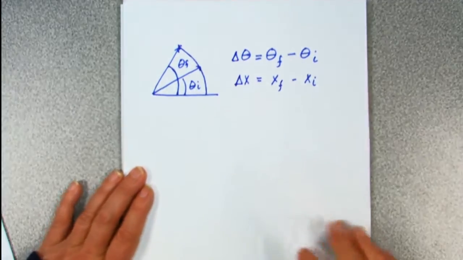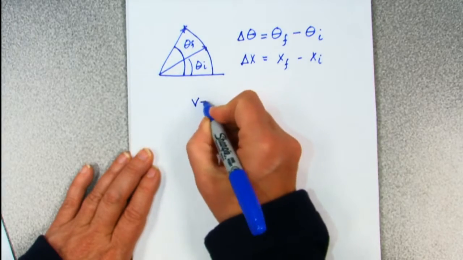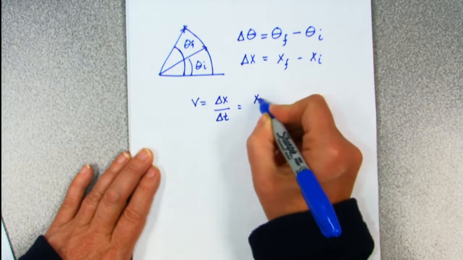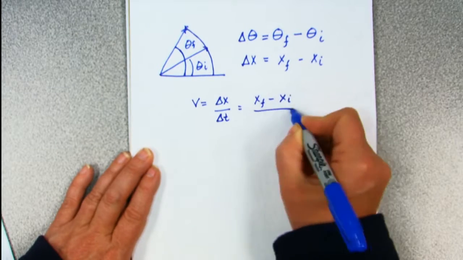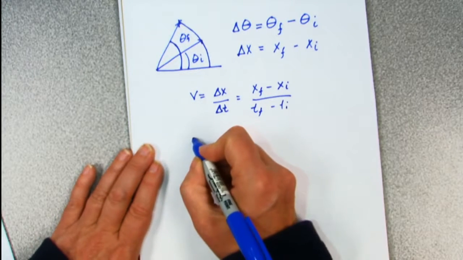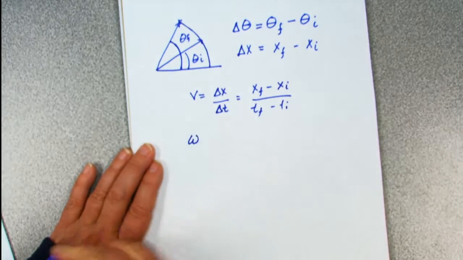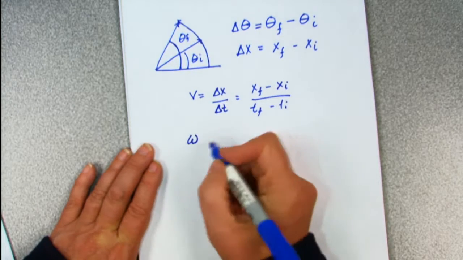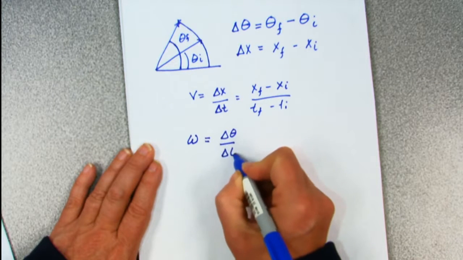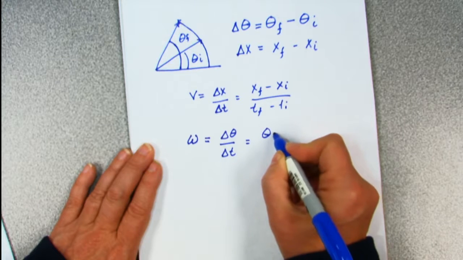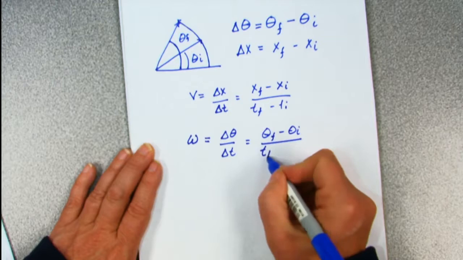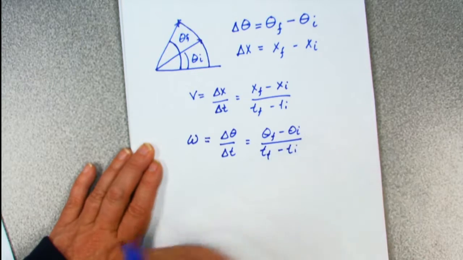So we can do the same things that we did before. Velocity was the change in x with respect to the change in time. So it was my x final minus my x initial divided by my time final minus my time initial. I can do what we're going to call omega. This is going to be my change in angle with respect to time. So I'm going to get my angle final minus my angle initial divided by time final minus time initial.